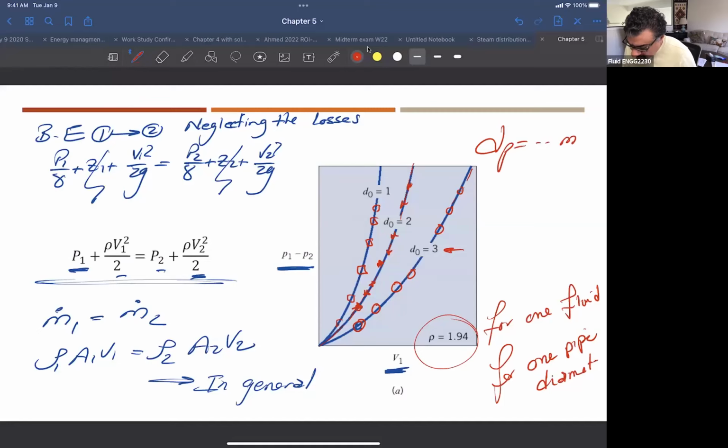We have a large number of data and curve fittings. To build this curve, let's say 10 experiments, for a different orifice, this is 30 experiments, and all this only for one density and one diameter.